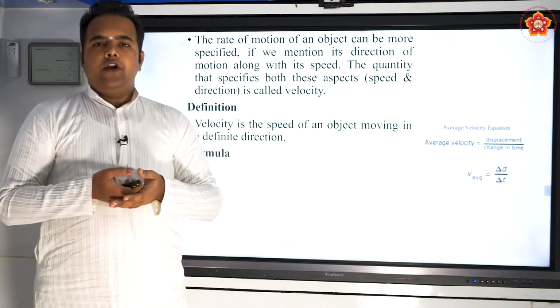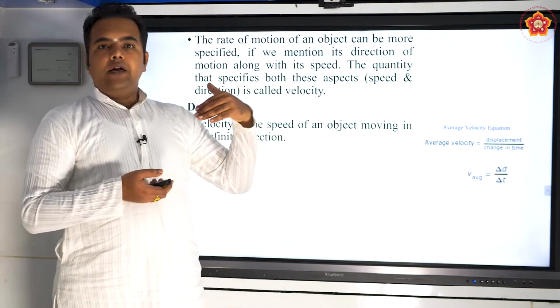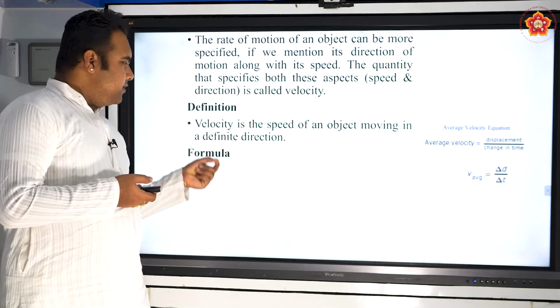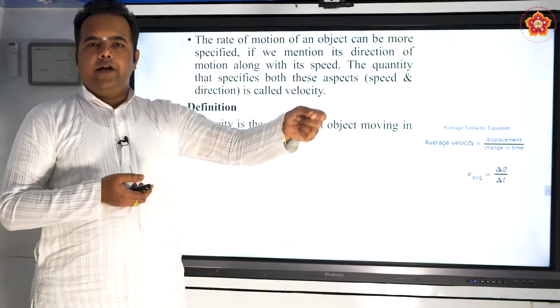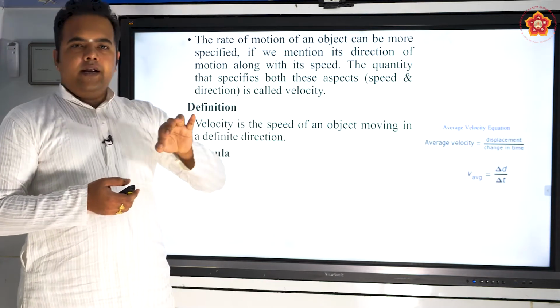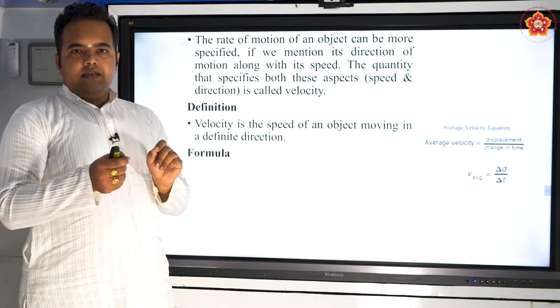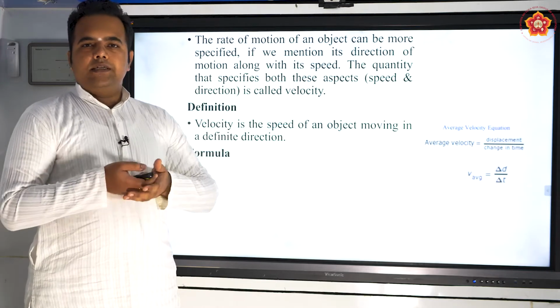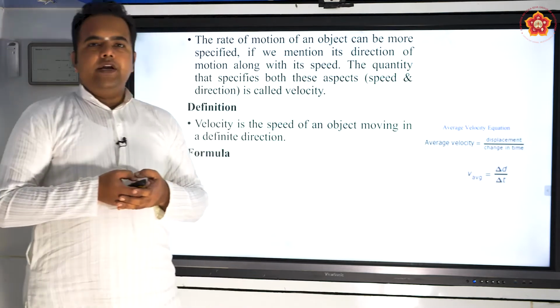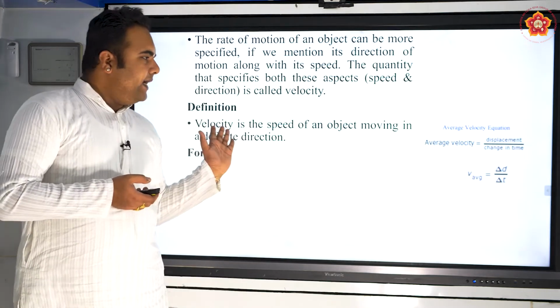For the average velocity, we have the total displacement. So whenever we talk of average velocity, just calculate the net displacement.